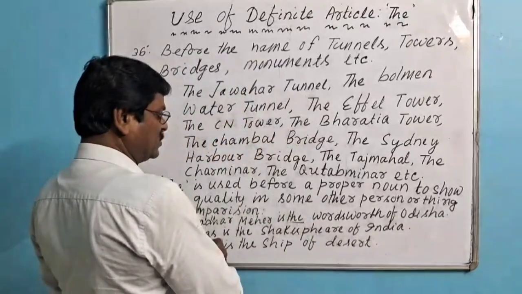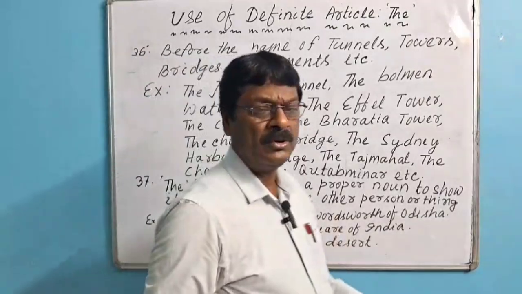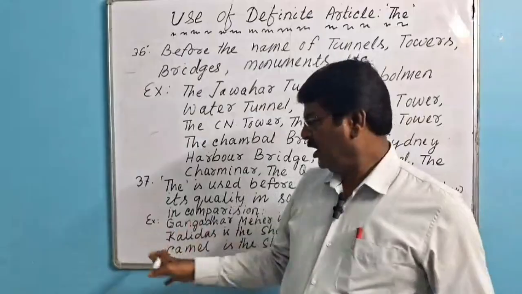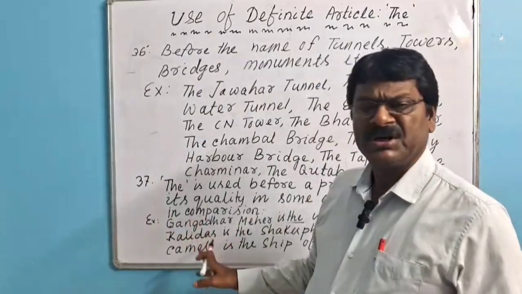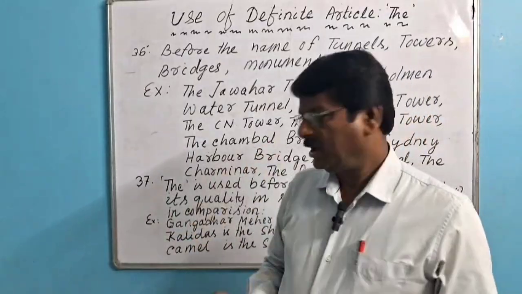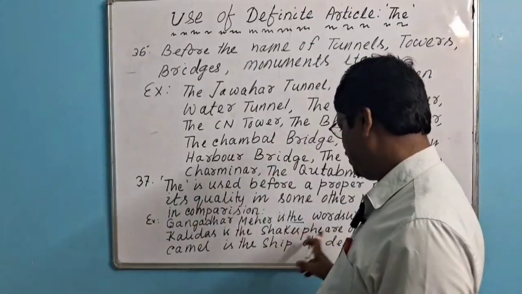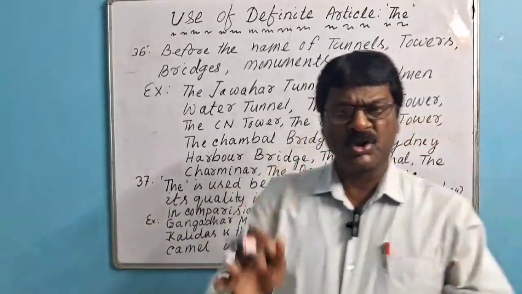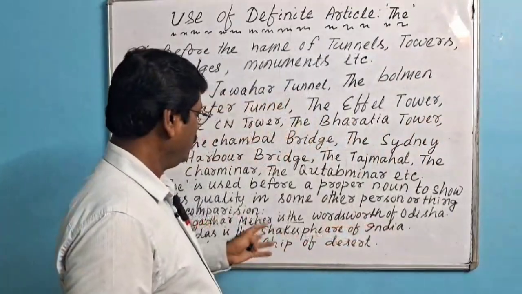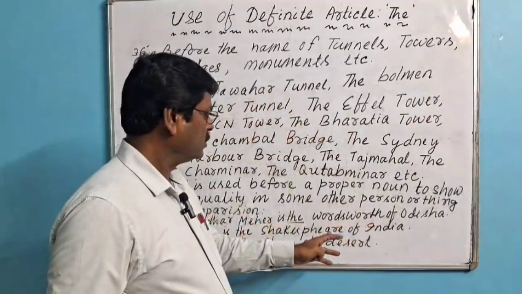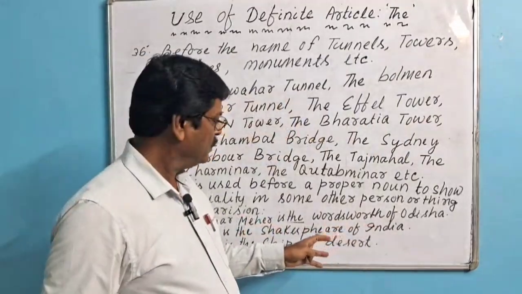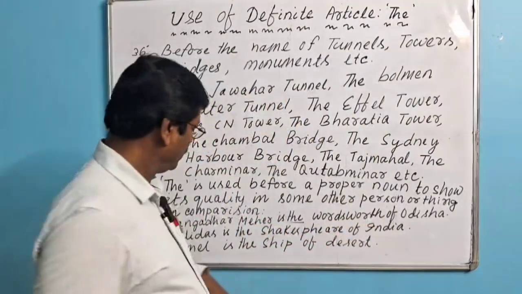The quality of Kalidas is compared with the quality of Shakespeare. Here, Kalidas is the first person and the second person is Shakespeare. So, the is used before the name of Shakespeare. Okay.